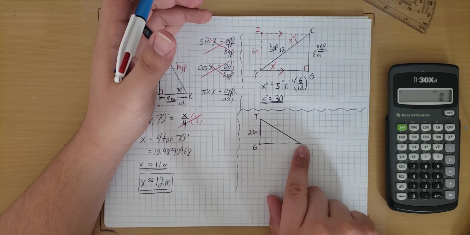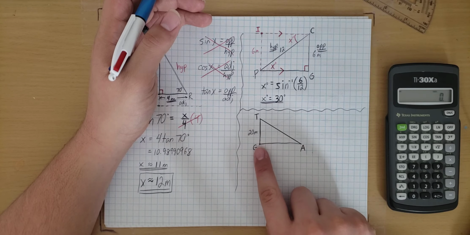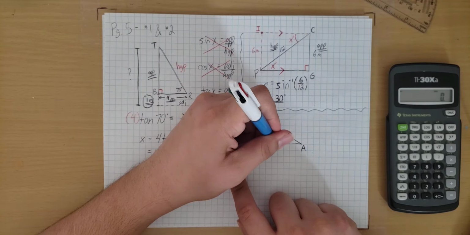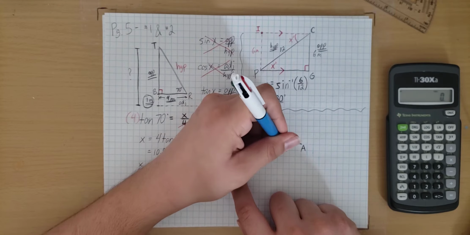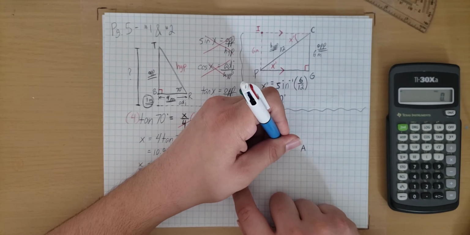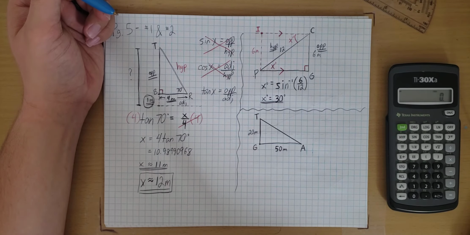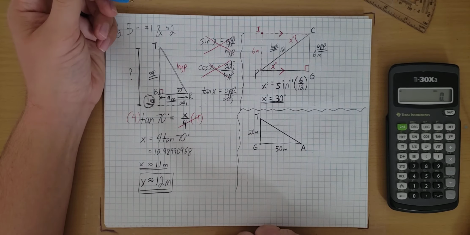Then point G would be a radius of the circle. The radius is half of the diameter, so this distance must be 50 meters. Alright, so everything looks like it's in order.